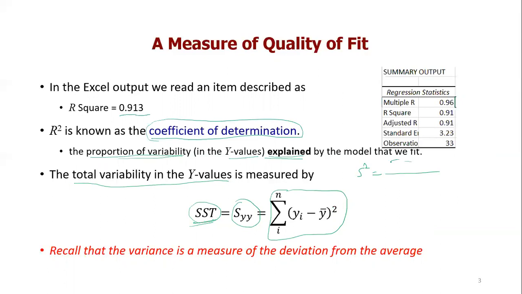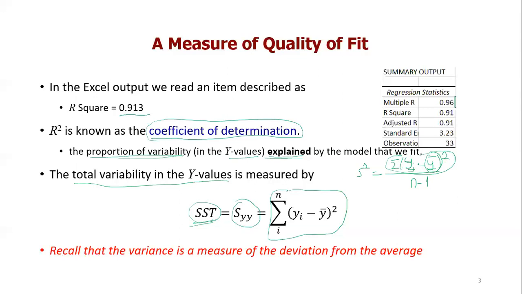S squared was equal to the sum, where we just used x's, but here I can use yi, just changing the variable name. That's equal to the sum of (yi minus y bar) squared, divided by n minus 1. Remember that this is the estimator for sigma squared. We just calculate the sum of the deviations around the mean: the value of each observation minus the average, the distance between the average and the variable.